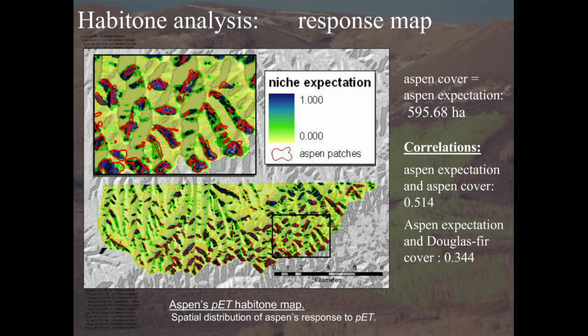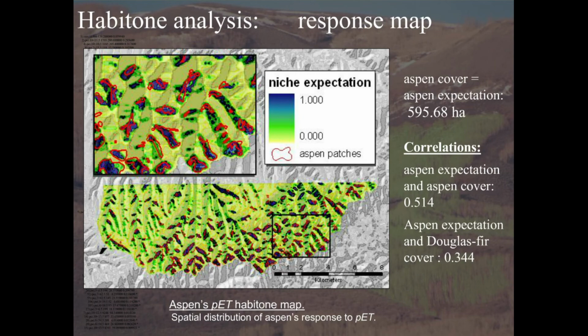Now this is where it gets a little bit more intuitive for the managers and people that work on the ground. I've noticed that if you give somebody a map, they really understand what you're talking about because they know their own land. So what we can do is map this back out, and this would be identical to a habitat map if we took every pixel that wasn't yellow and turned it blue.